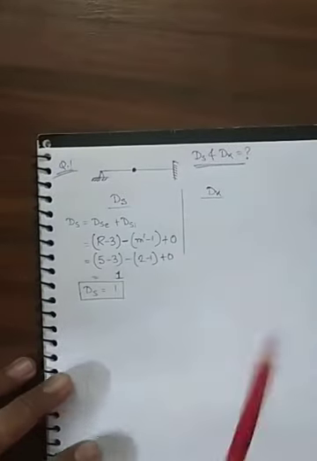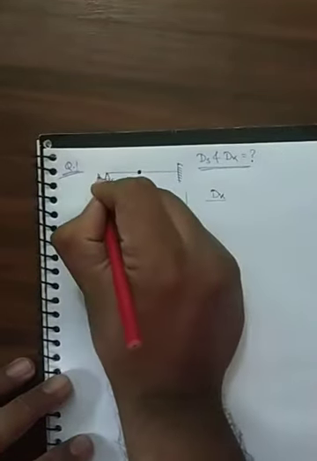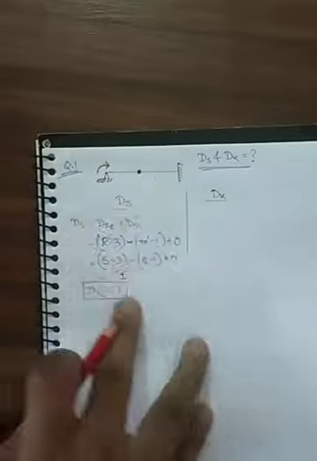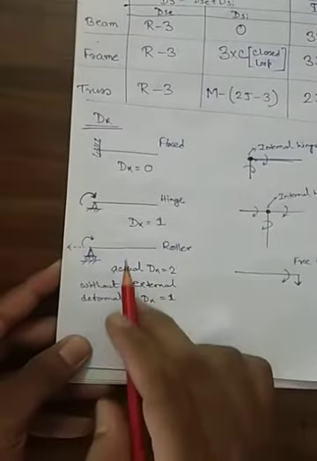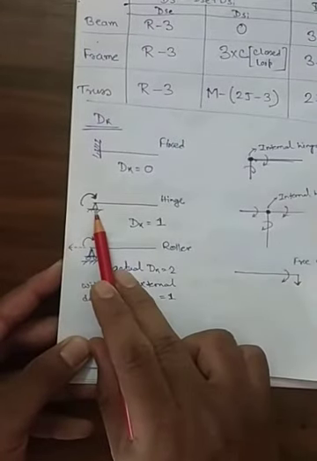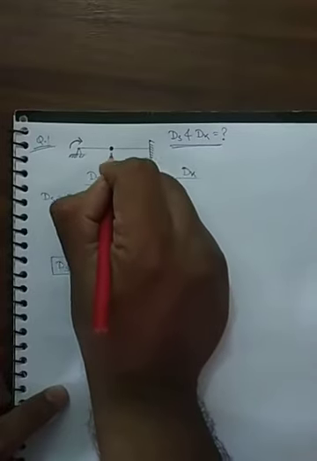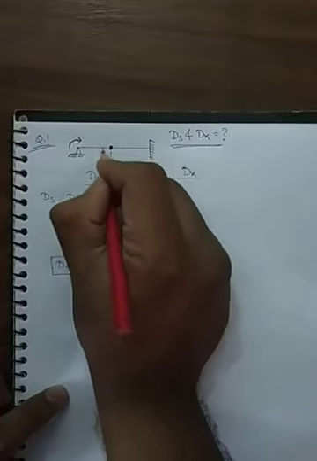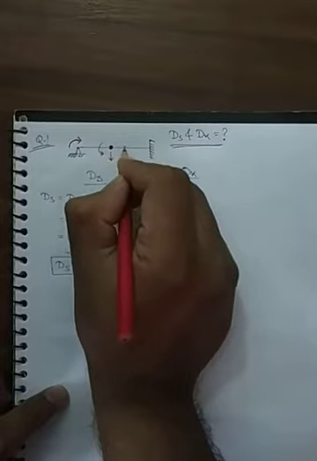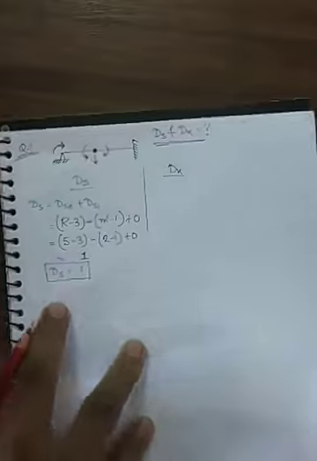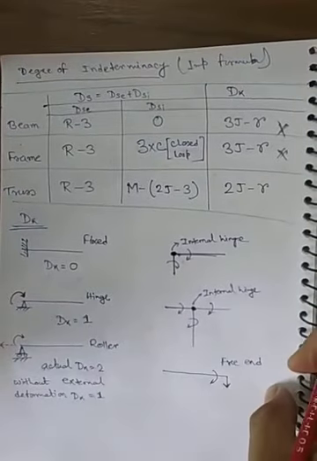So from this problem we can say this is a hinge, so 1. As I told earlier, in case of hinge there is 1 degree of freedom. This is the internal hinge. So in case of internal hinge, 1, 2, 3 in this member.